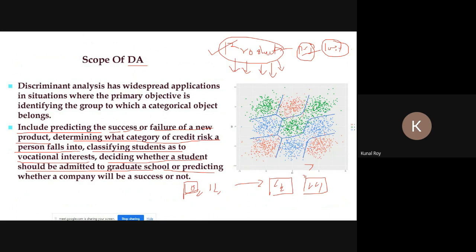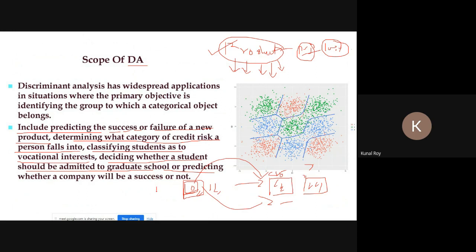So how can we assume whether he will be admitted into computer science after school, or into some other category? Based on the marks of the student, we can say he will move into this category. Based on the percentage of the student, he will move into this category.